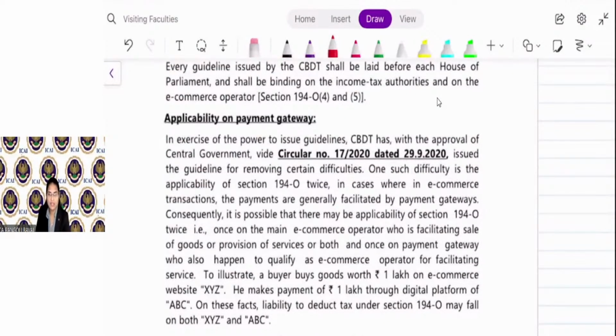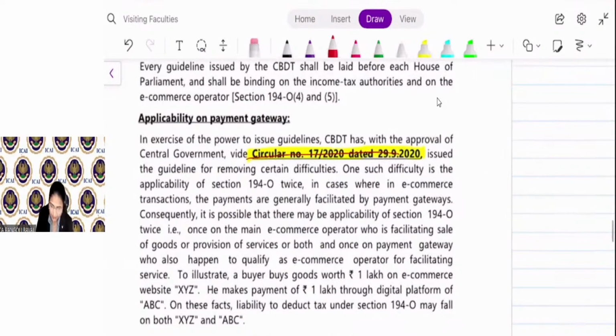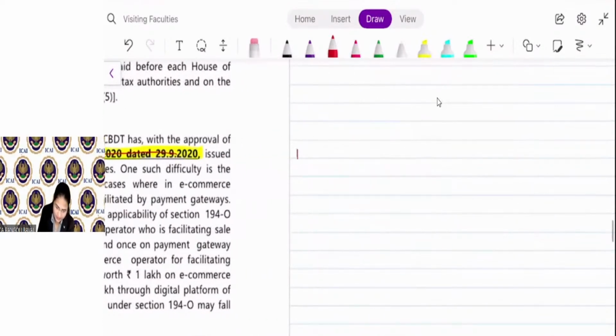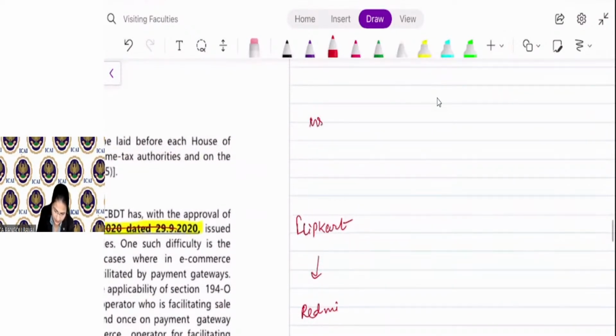Applicability on payment gateway. Here there is one circular. I'll explain the same, again with our same example: Flipkart, Redmi, Mr. X. Mr. X purchased a mobile of Redmi on Flipkart and he made payment through Google Pay to Flipkart.